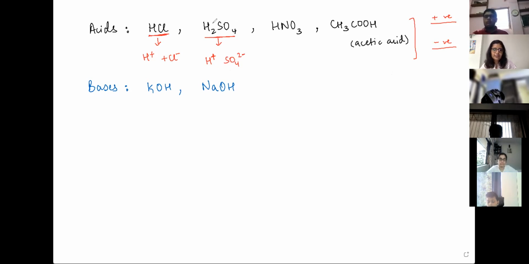If you get multiple cations or anions of the same species, like H2SO4 gives 2 H plus and 1 SO4 2 minus, overall it's just H plus and SO4 2 minus, a cation and an anion. Nitric acid, what sort of ionization takes place? H plus and NO3 minus.